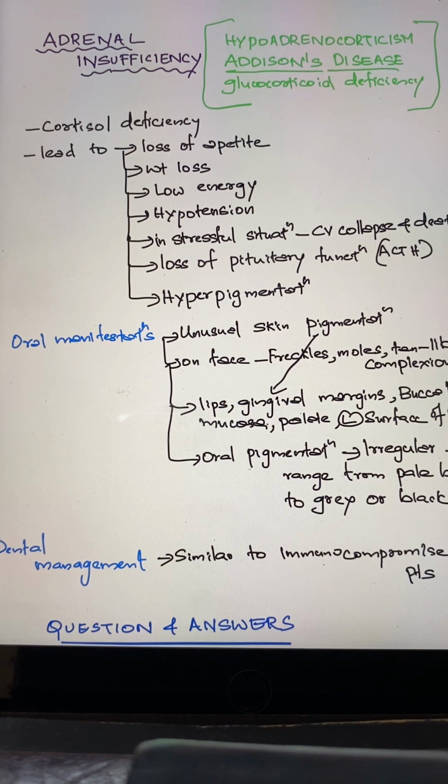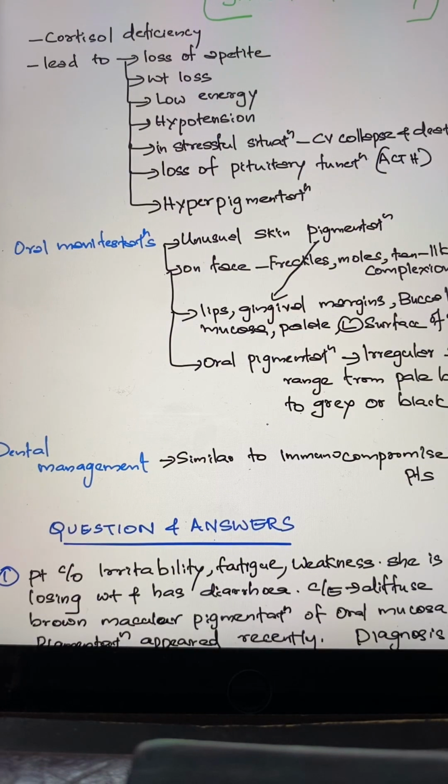Then there is loss of pituitary function. The other major symptom of Addison disease patients is hyperpigmentation. That can be seen when we look at the oral manifestations. Oral pigmentation is an important area to be assessed.